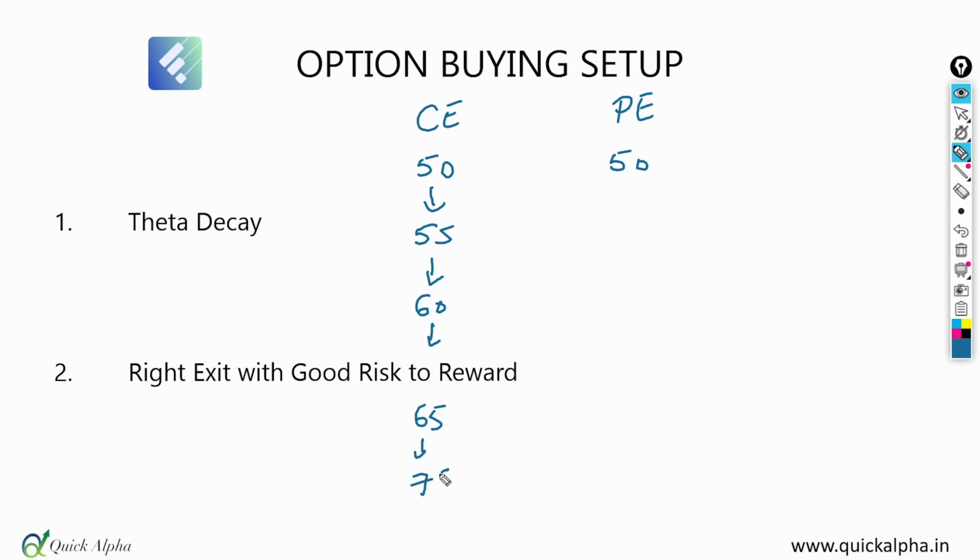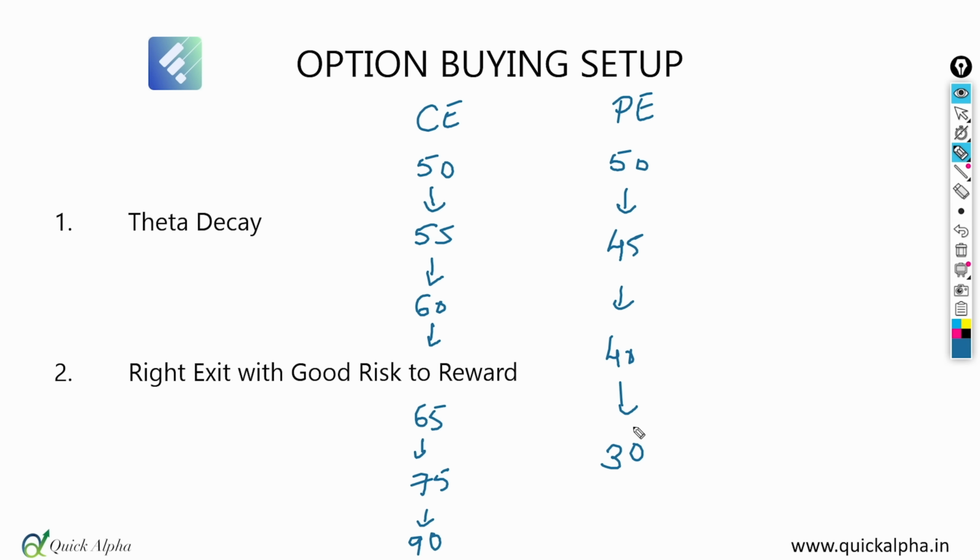It goes to 75, 85 and 90. The 50 rupee option can easily become 65 or 70 rupees if the market is in momentum. Whereas the put option on the other hand is going to go down to 45, then 40, then 30 and so on.